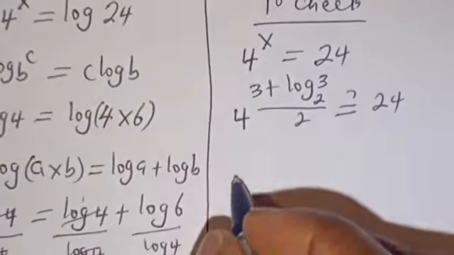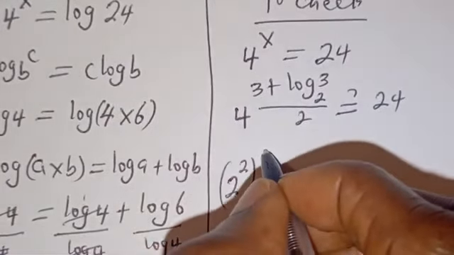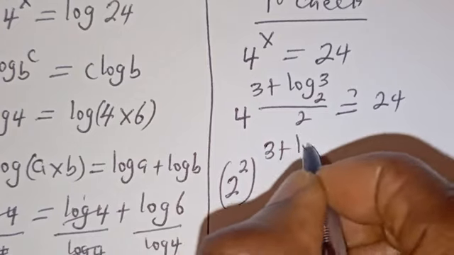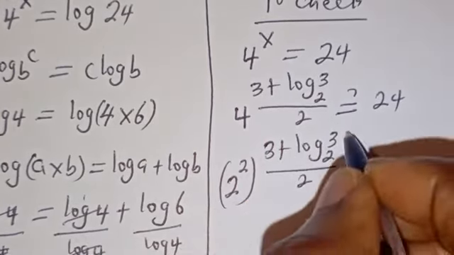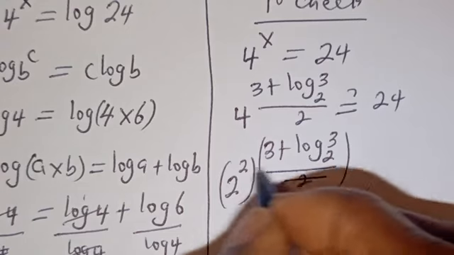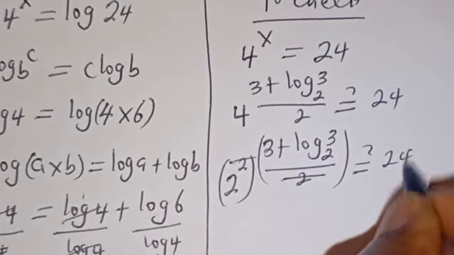And this 4 can be written as 2 square to the power of 3 plus log 3 base 2 divided by 2. This will cancel this. This must be equal to 24.